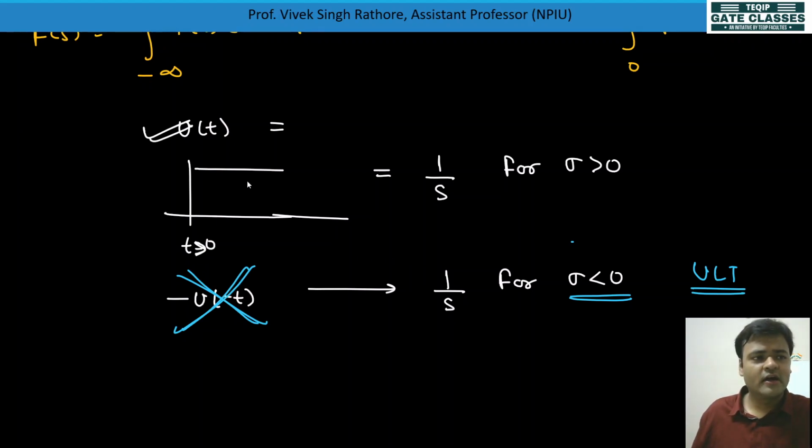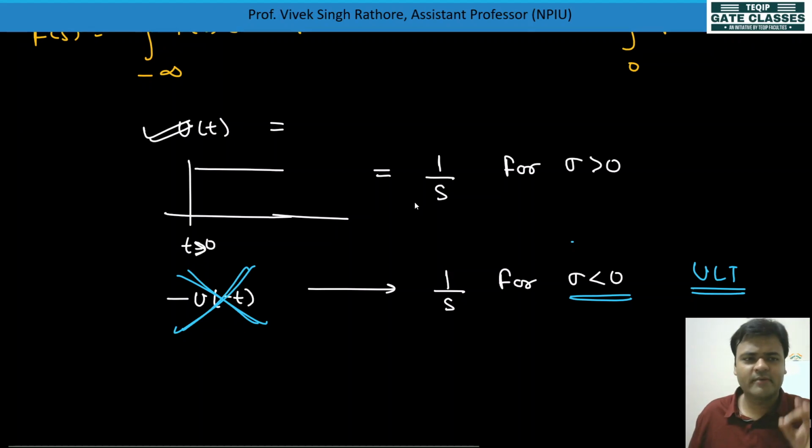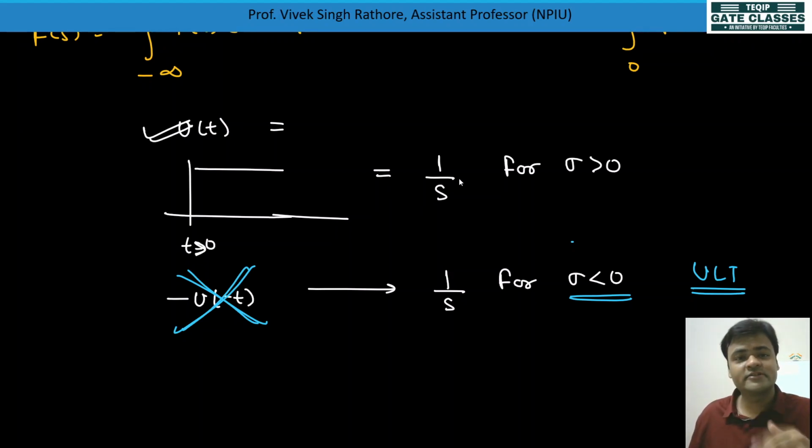So there is no question of the same expression. For the unilateral Laplace transform, ROC is not at all required, because the expression is by itself unique, and no other expression can occur in the unilateral Laplace transform.